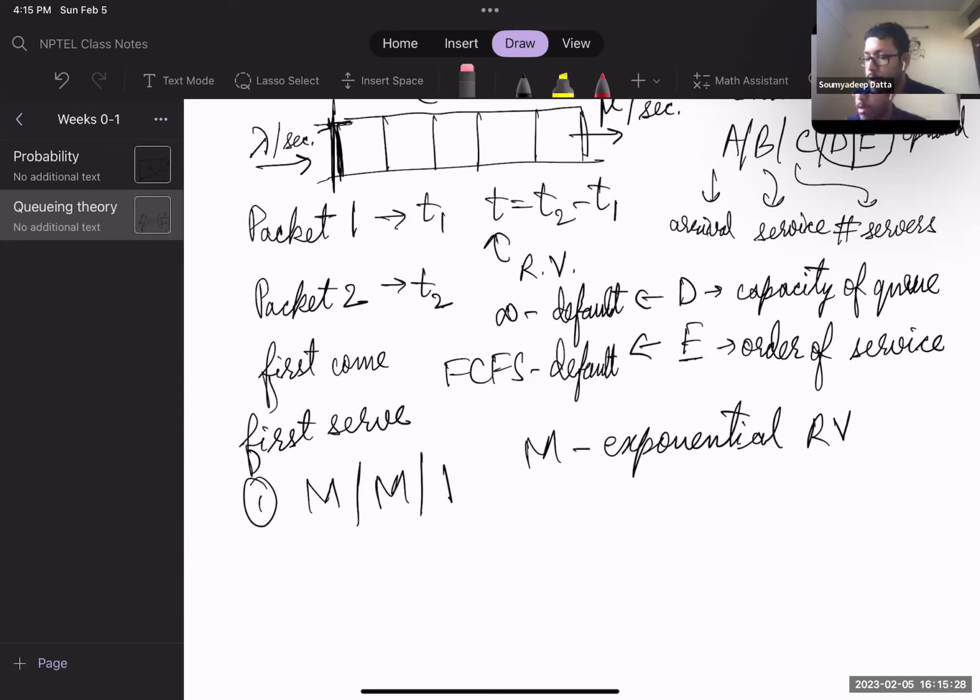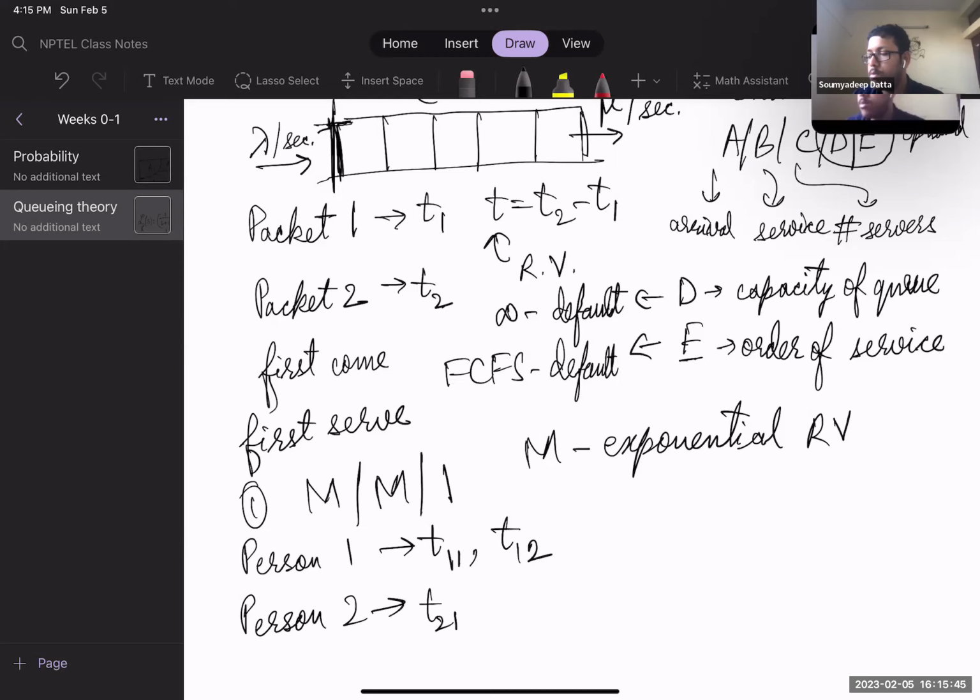So let's say person 1 enters the queue at time t11 and leaves the queue at time t12. Person 2 enters the queue at time t21 and leaves at time t22.